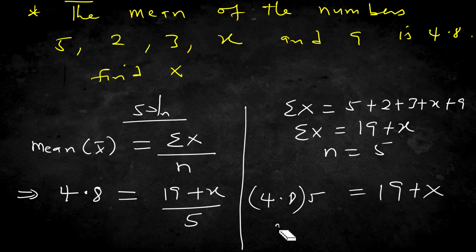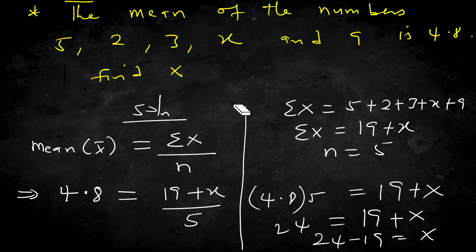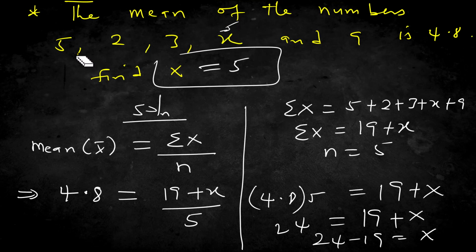So we have 24 equals 19 plus x. When we subtract 19 from 24, that would be x. Therefore, x is 5. Checking: 5 plus 5 plus 2 plus 3 plus 9 divided by 5 gives us 4.8. That's the idea.